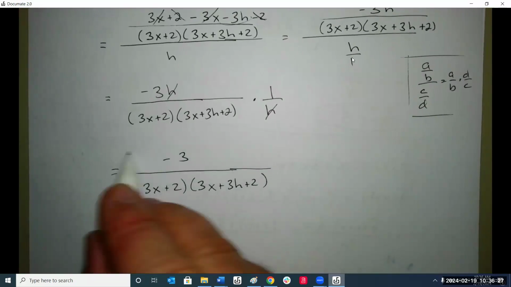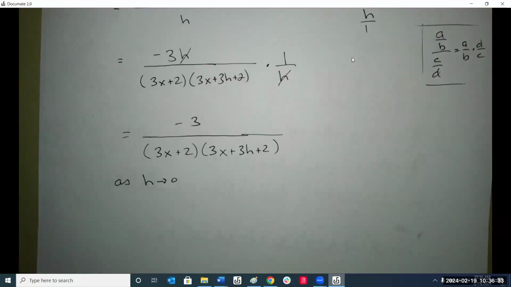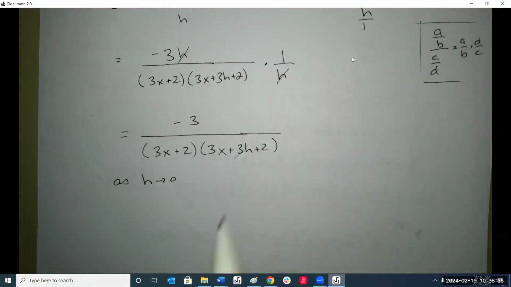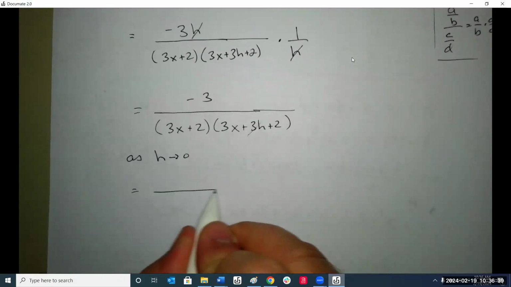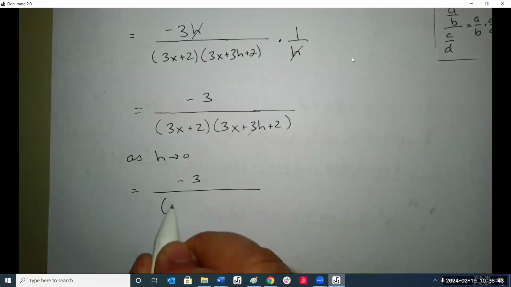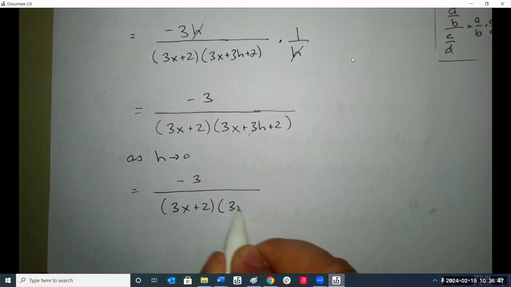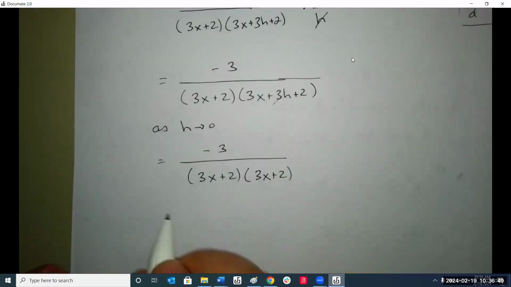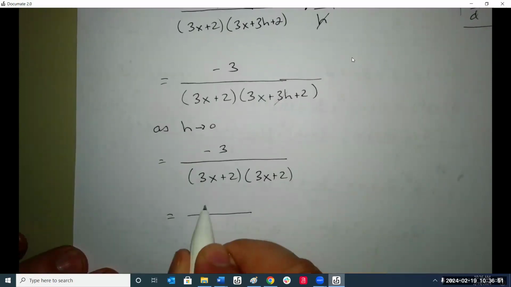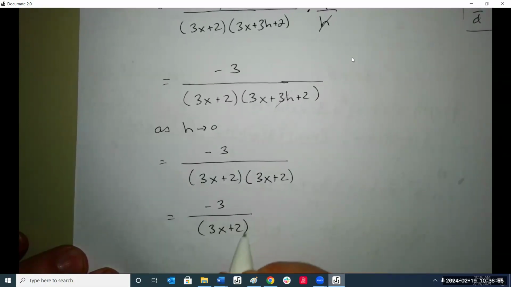Okay, so here's one answer with the h in there. As h goes to 0, this h disappears. That h goes to 0. So we have negative 3 over 3x plus 2 times 3x plus 2, which becomes negative 3 over 3x plus 2 squared.